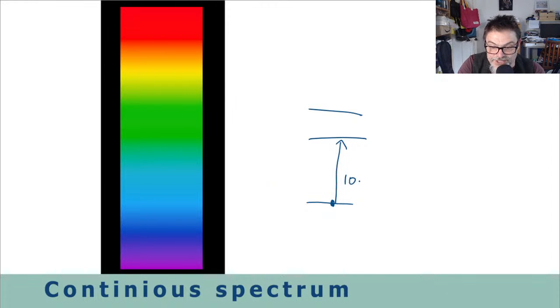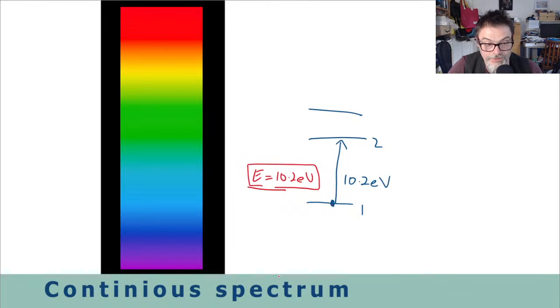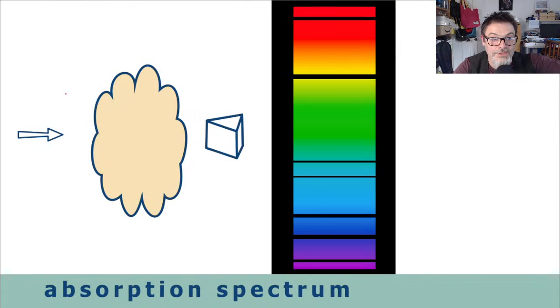So if this is a 10.2 electron volt difference between level 1 and level 2 for hydrogen, like we talked about, if you have a photon that comes in which just happens also to have 10.2 electron volts, then that photon will be absorbed. It will cease to exist, and the electron will shoot up to the higher level, but only those photons with 10.2 electron volts.